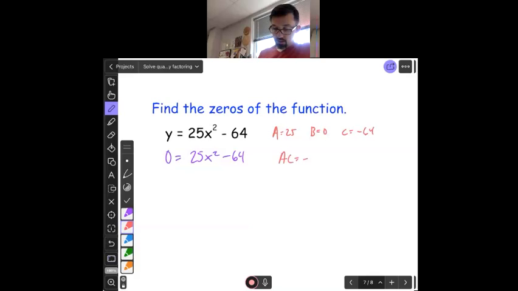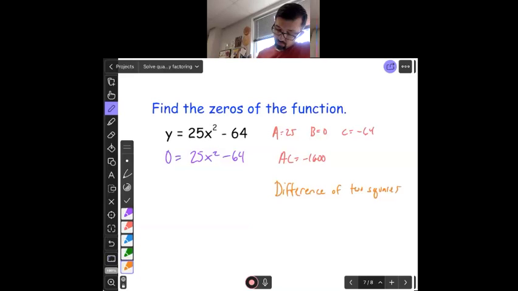If I do AC, A times C is going to be negative 1600. That's a huge number for us to try to factor, right? List out all the factors of 1600. Not going to happen very quickly. So instead, this is what's called a difference of squares factoring, a difference of two squares factoring. Oddly enough, I've seen some of you guys doing this on homework.